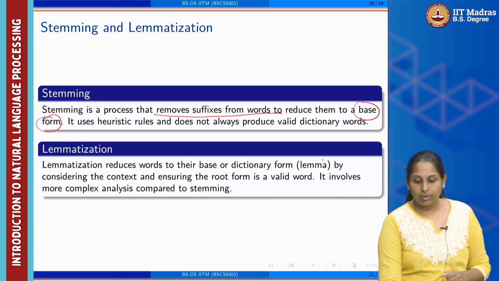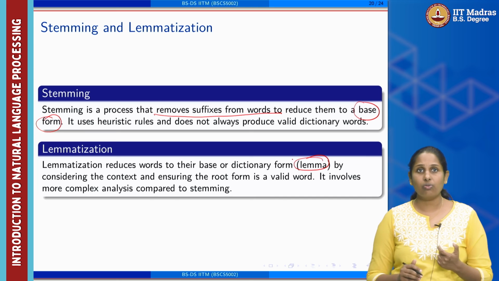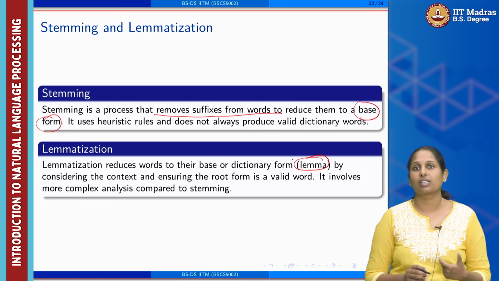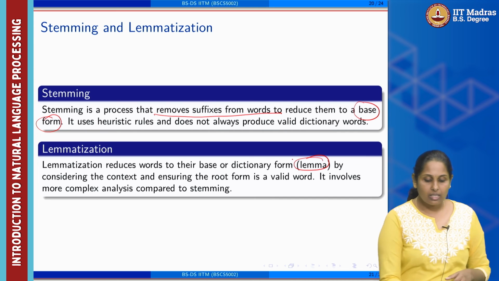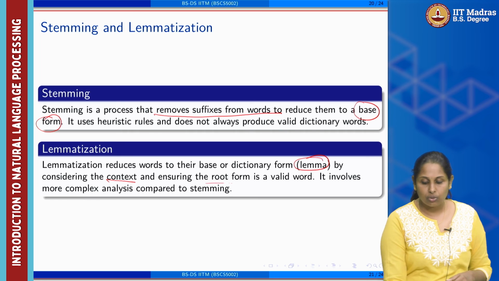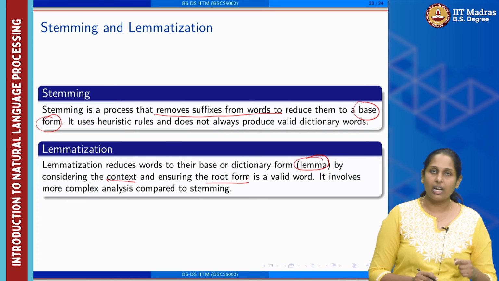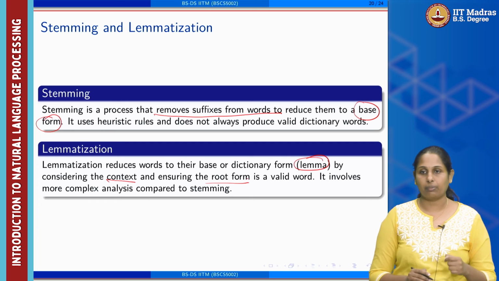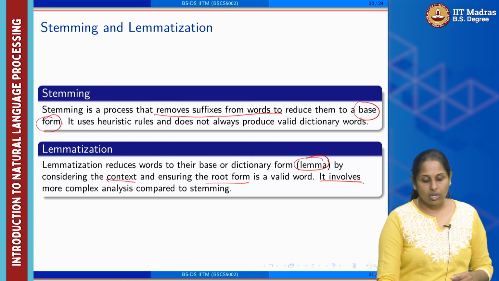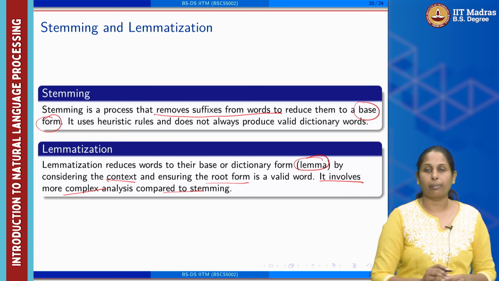The dictionary form is nothing but the lemma. The root word that we see in the dictionary is nothing but a lemma. So, it considers the context and ensures that the root form is a valid word. So, in isolation you can use it and it is still a meaningful, acceptable form. It involves more complex analysis compared to stemming.